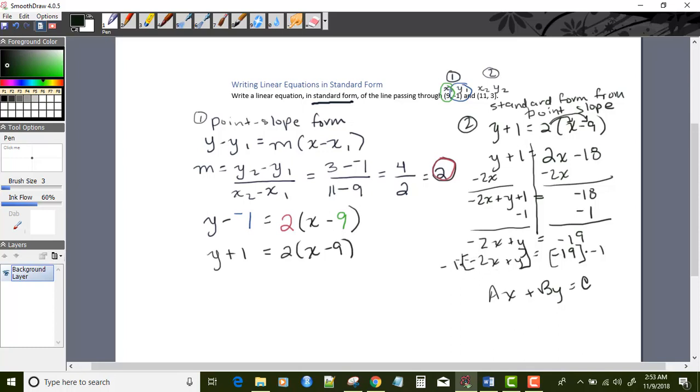A -1 times a -2 is a +2. So I'll have a +2x, and then a -1 times 1y is a -1y. And a -19 times a negative 1 is a positive 19. So this would be my equation in standard form.